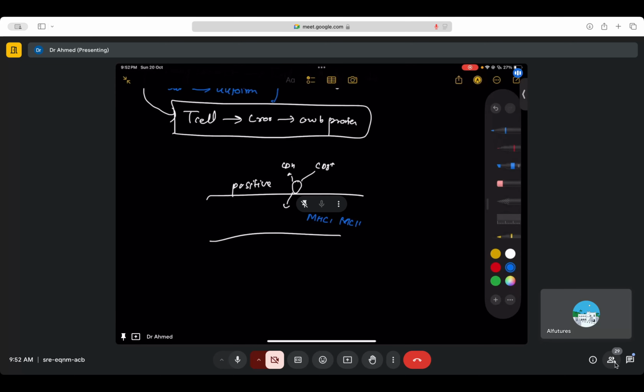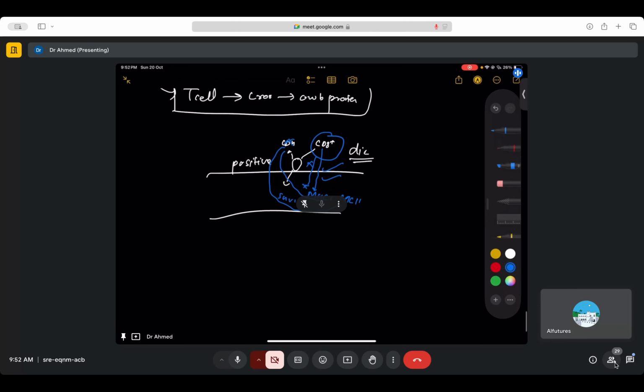If the CD8 binds well to MHC1, they survive. If they do not bind well to MHC1, they die. If the CD4 binds well to MHC2, they survive. If they do not bind well to MHC2, they die.